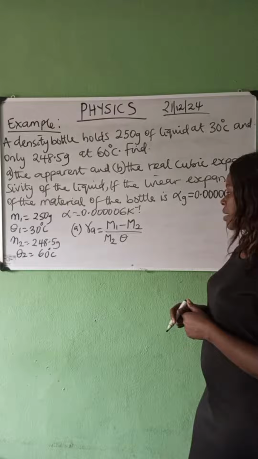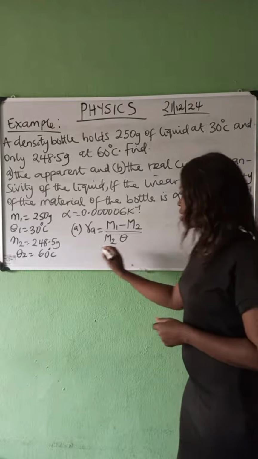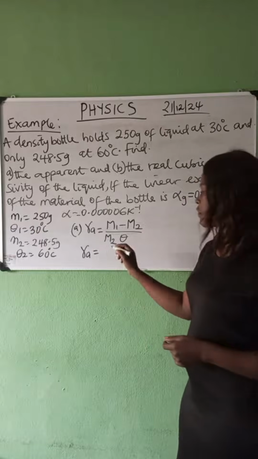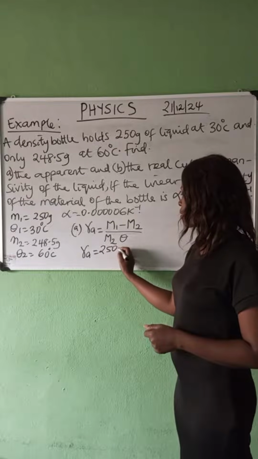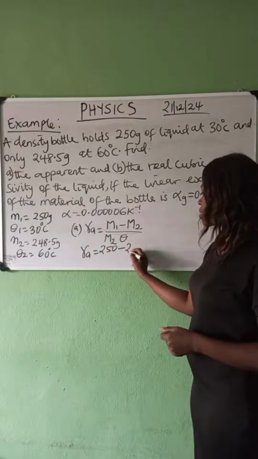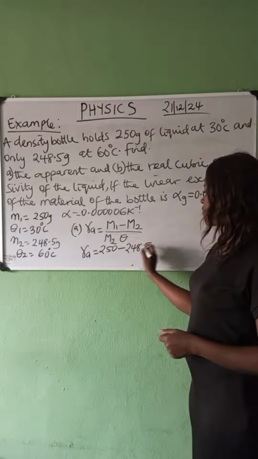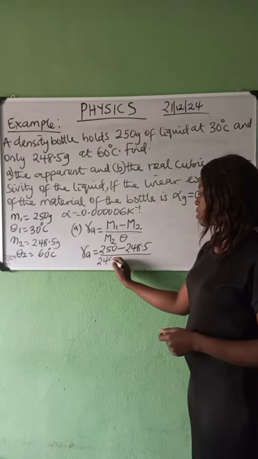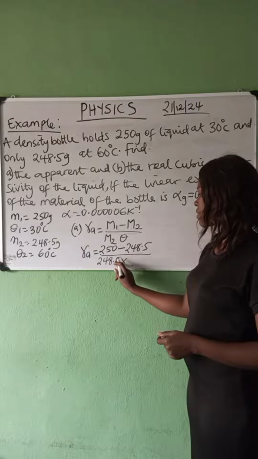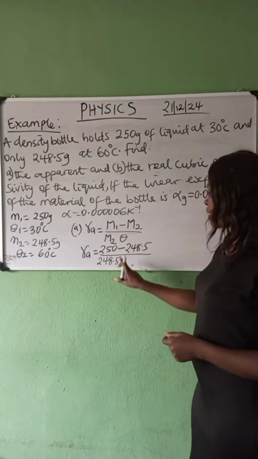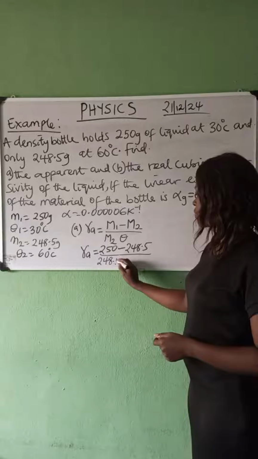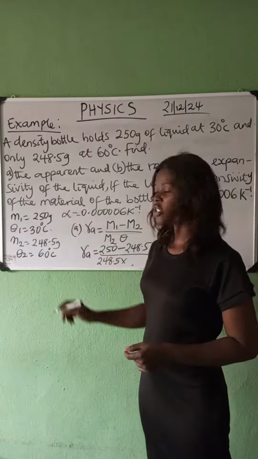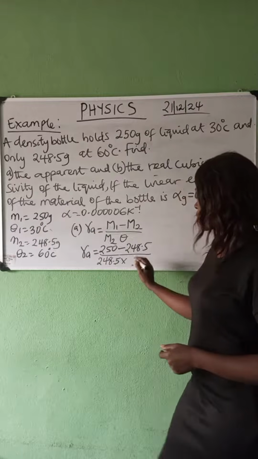Now, what is my theta? My theta is the difference in temperature, okay? So, my gamma A is equal to, what's my M1? 250 minus my M2, which is 248.5, divided by my M2, which is 248.5, multiplied by the temperature difference: 60 minus 30 is going to give us 30.